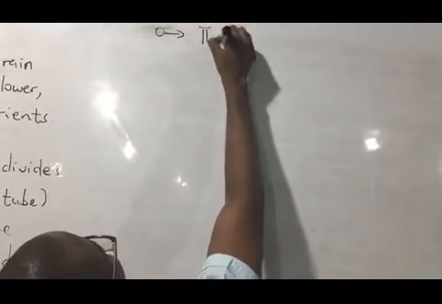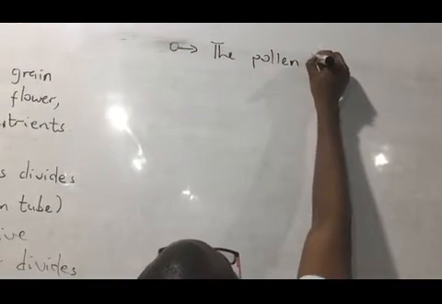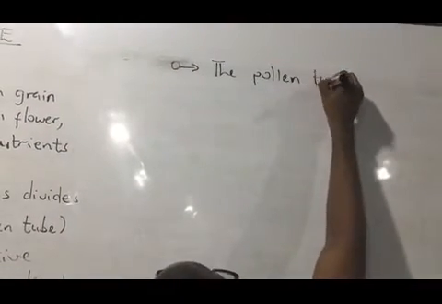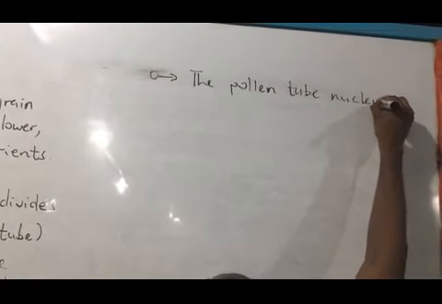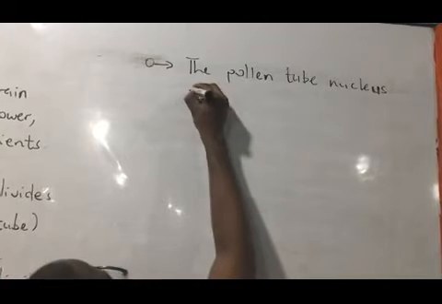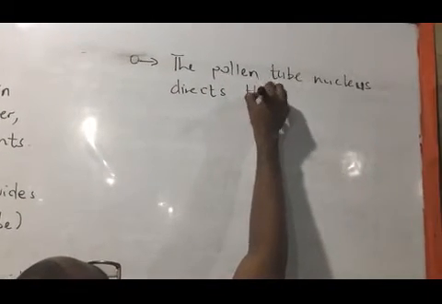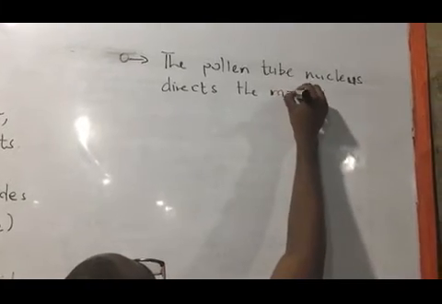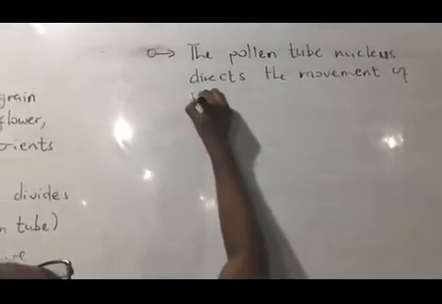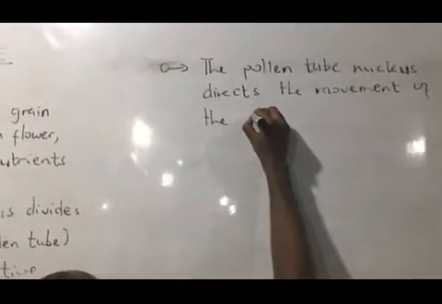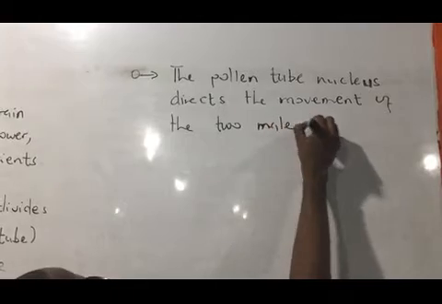So the pollen tube nucleus directs the movement of the two male gametes.